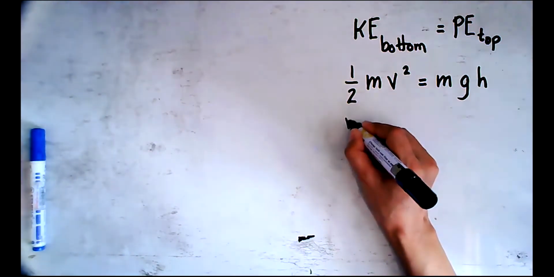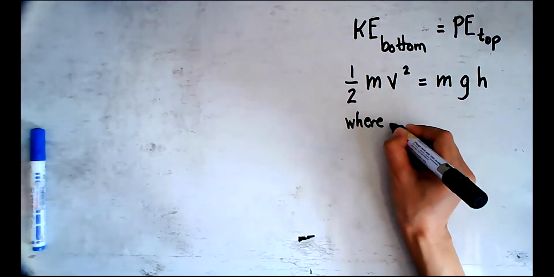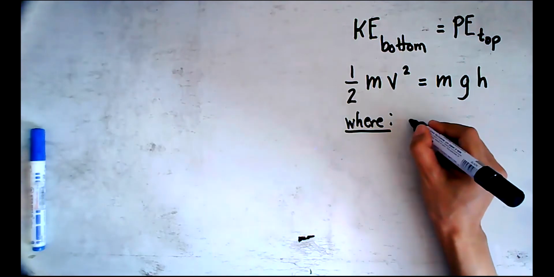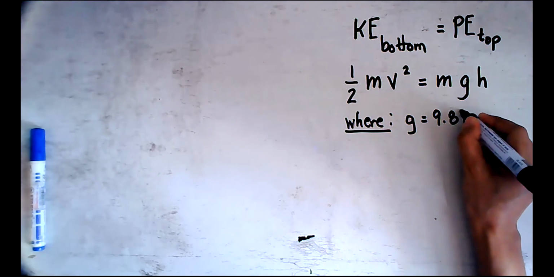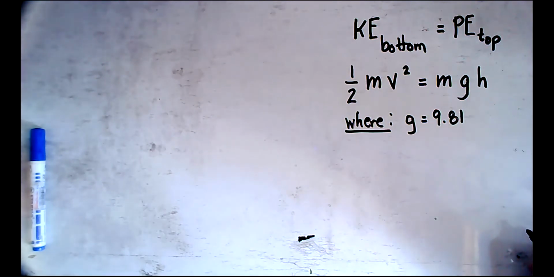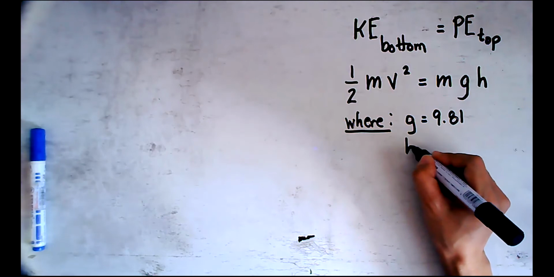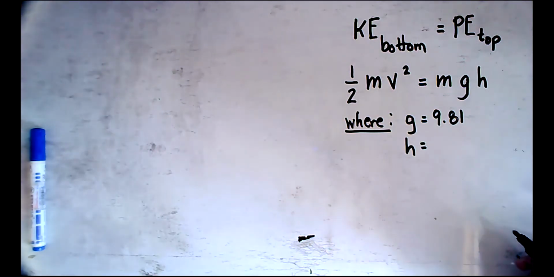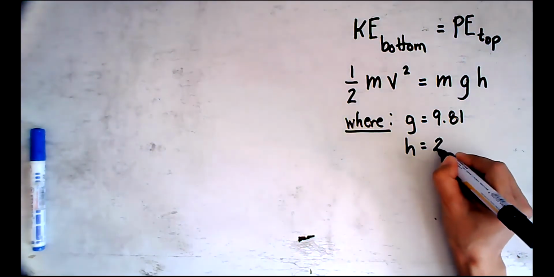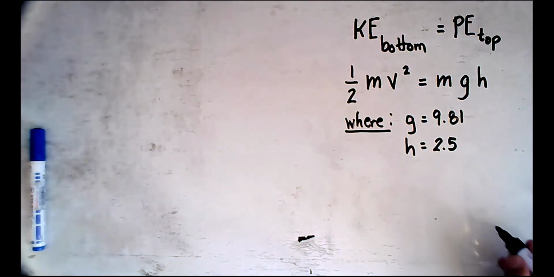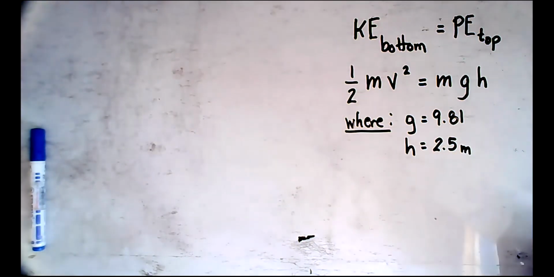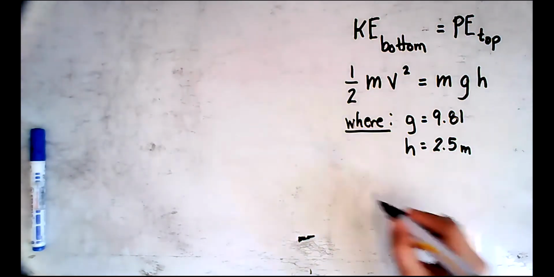Our value for g is set at a constant of 9.81. And for h, according to the problem, the water shoots straight up a distance of 2.5 meters, so we will be able to determine the velocity.